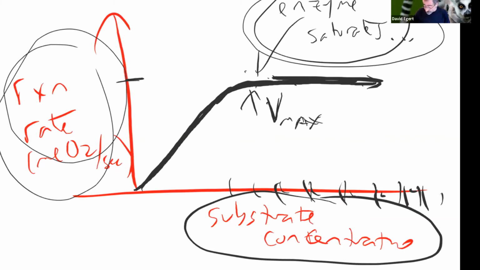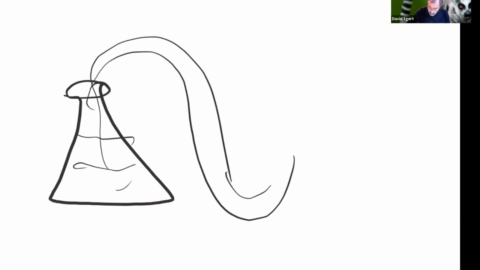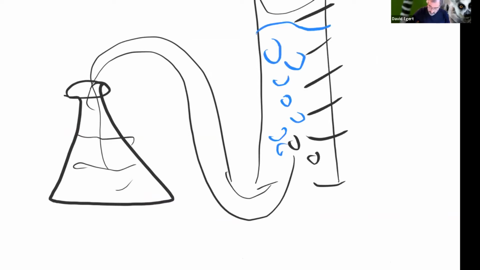If I have my little flask here, and it's got my little tube going into my thing here, and I have all my little bubbles coming up, I'm measuring my bubbles. There is no way I can know if I'm at saturation or not from looking at this experiment.